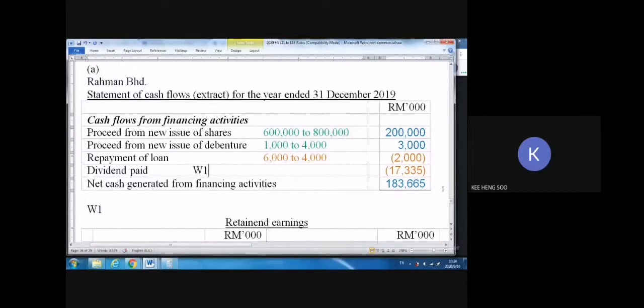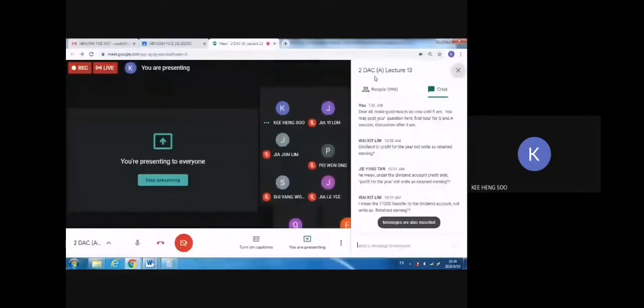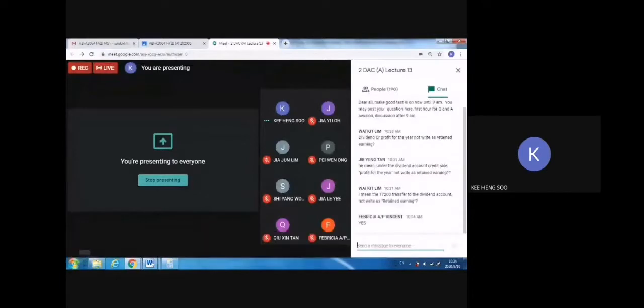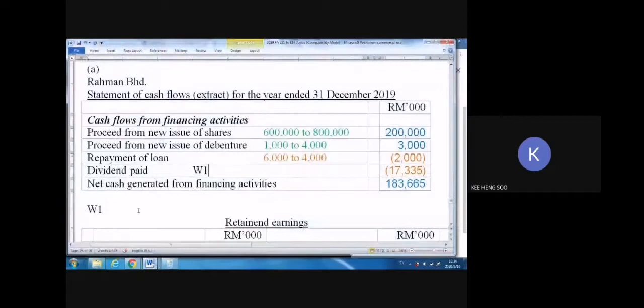Are you okay? Okay, very good. All these workings carry marks: one mark each, at least half a mark for each working. If you miss it right here, you lose 1.5 marks.